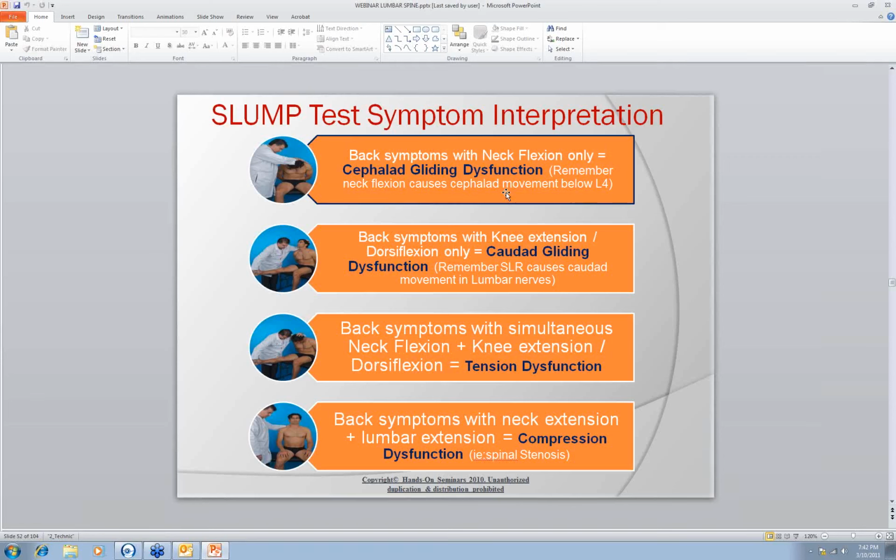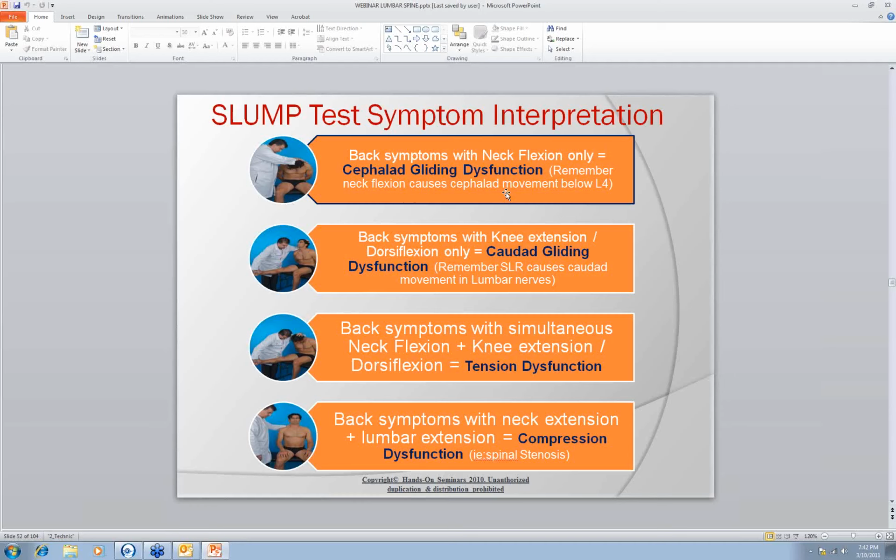If I get back symptoms when I have knee extension and dorsiflexion only, then I call this a caudad gliding dysfunction, because remember what I said, that straight leg raise causes caudad movement in the lumbar nerves. I know this may sound a little confusing if you hear this for the first time.